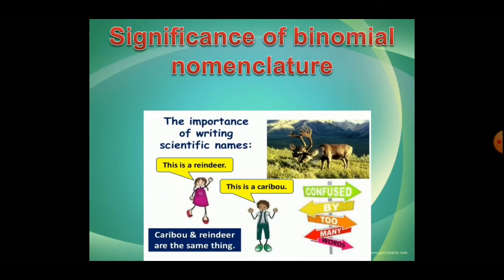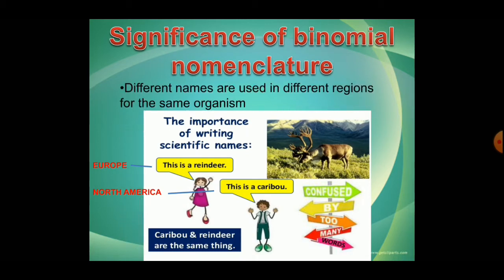Look at this picture. The girl is saying this is a reindeer. The boy is saying this is a caribou. They are confused. Caribou and reindeer are the same thing. In Europe, the same organism is known as reindeer, while in North America, it is known as caribou. Both the children are talking about the same animal.